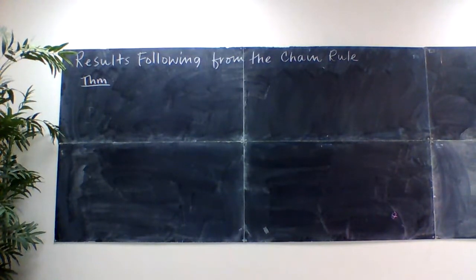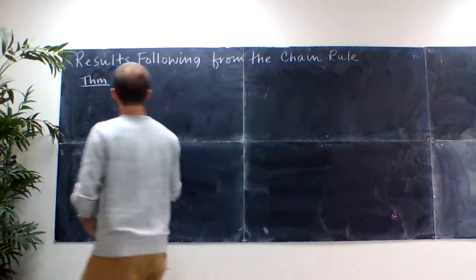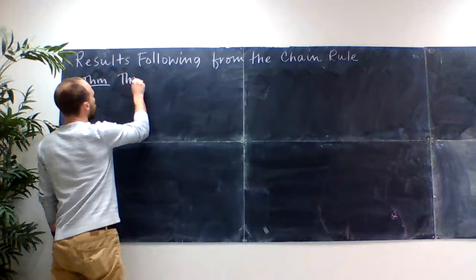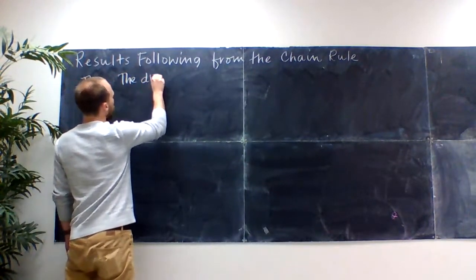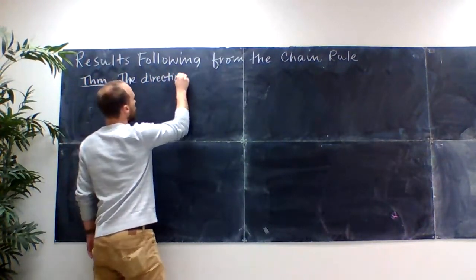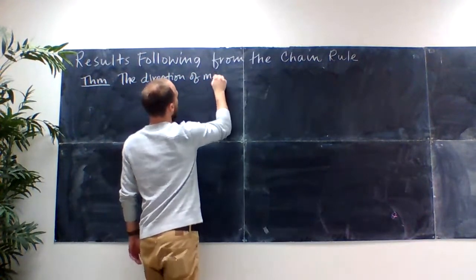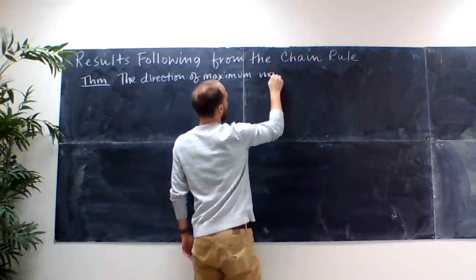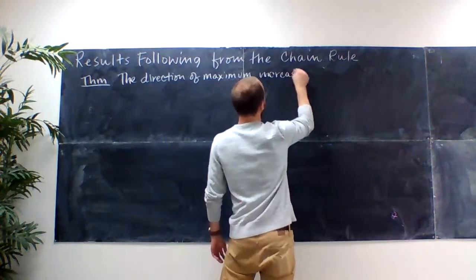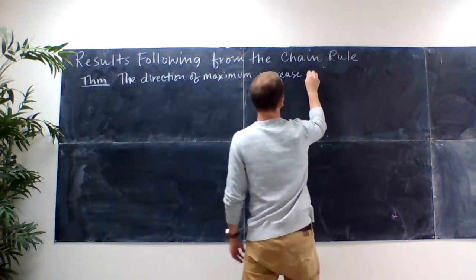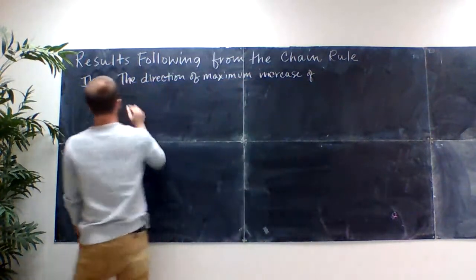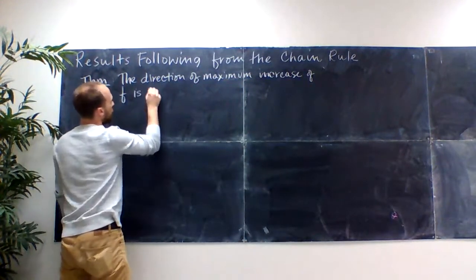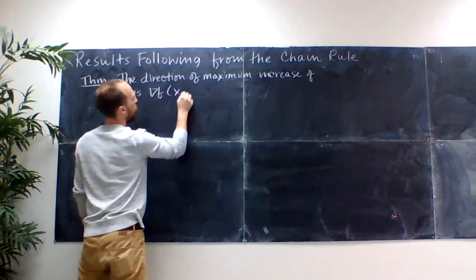So they're saying the direction of maximum increase of f is given by gradient f. The direction of maximal increase of f is gradient f at a given point x and y.